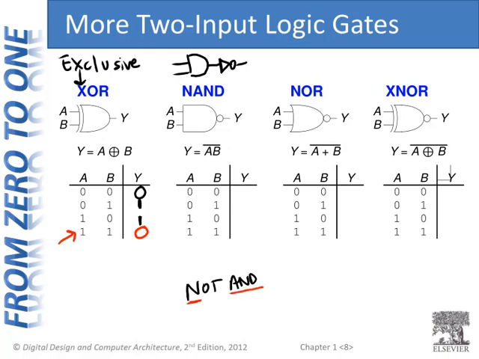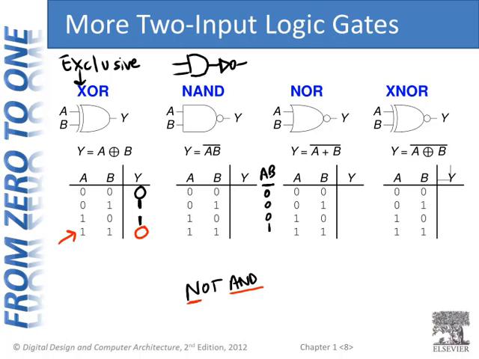So the AND gate would have been true here and only in that spot. So I'm going to write the AND function. A and B here would have been 0, 1, 1, 0, 0, 0, 1.